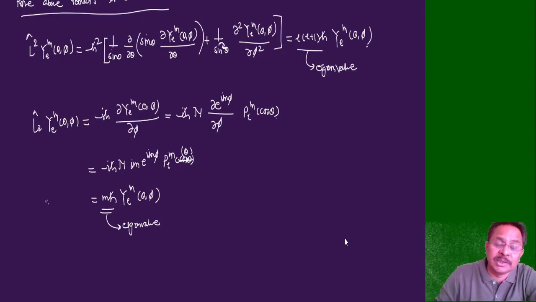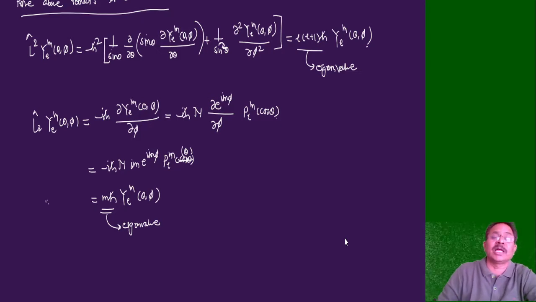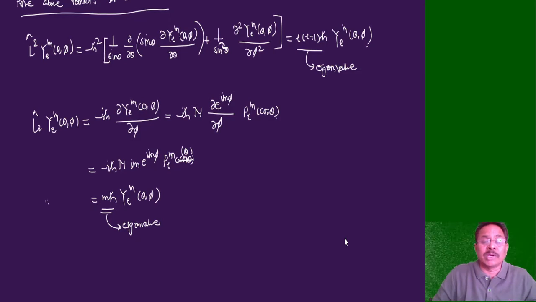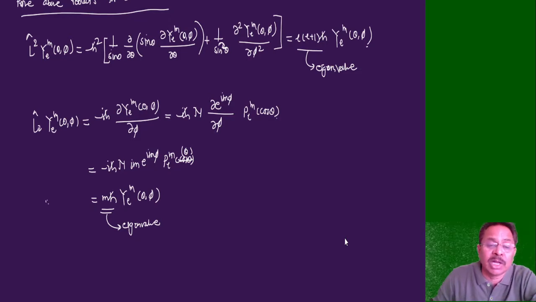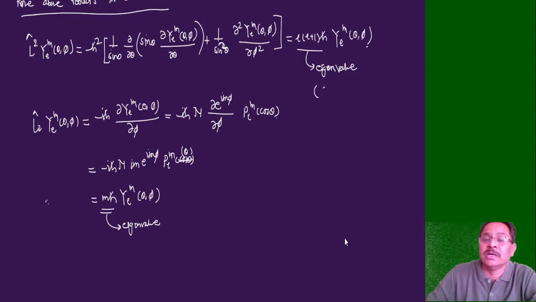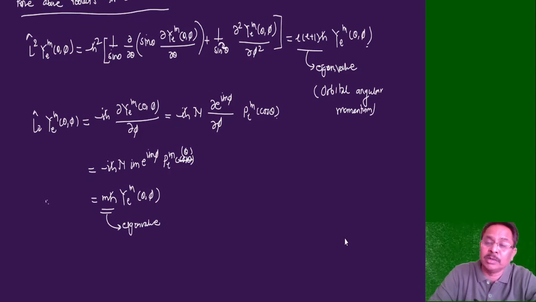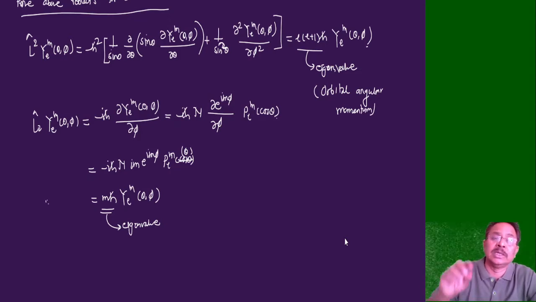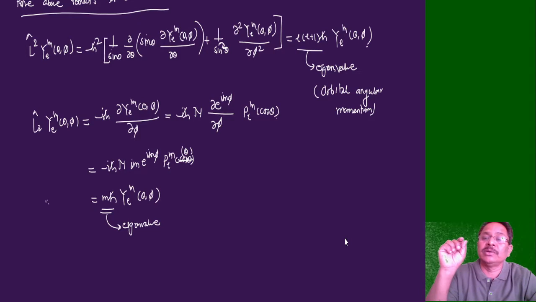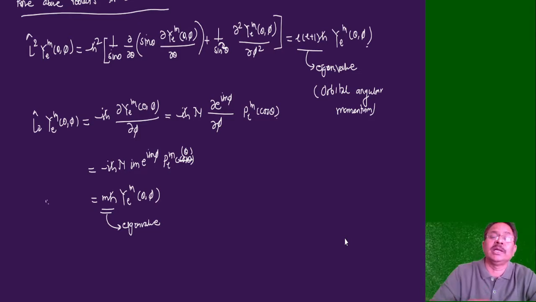Similarly, when I operate this Lz operator on Y_lm(theta, phi), what I am getting is the spin angular momentum. So we can write here, this is orbital angular momentum. In the case of the hydrogen atom, how do we get orbital angular momentum quantum mechanically? We operate this L squared operator on the spherical harmonics, and we get orbital angular momentum.